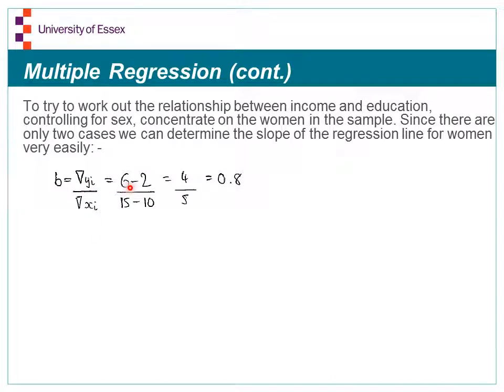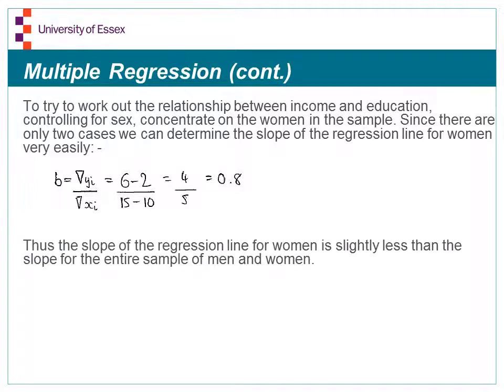If I look at the two female people, their x values were 10 and 15, their y values were 6 and 2, so just reading them off the table, I get 0.8 coming out as my solution there. So that tells me that the slope for the regression line for women in this case is slightly less than the slope for the entire sample of both men and women.